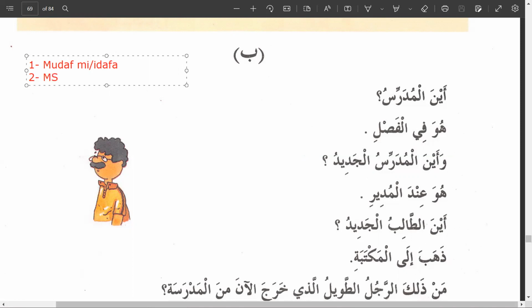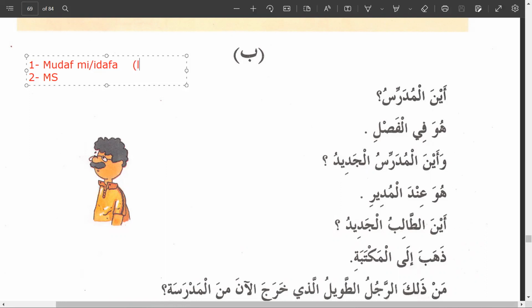Excellent. Mawsuf sifa. So in mudaf mudafun ilayhi, what's the condition of mudaf? Is mudaf light or heavy?